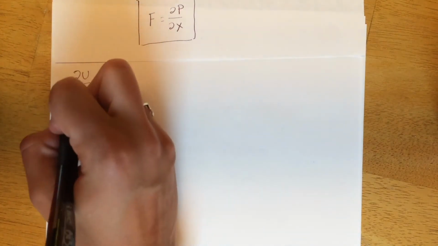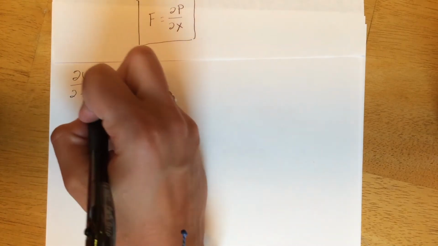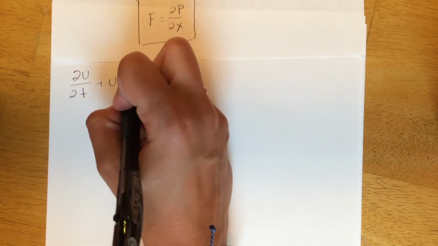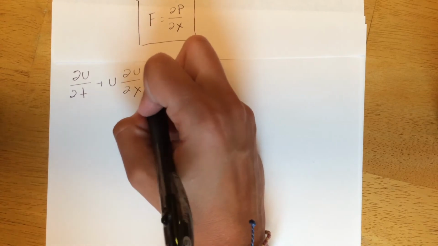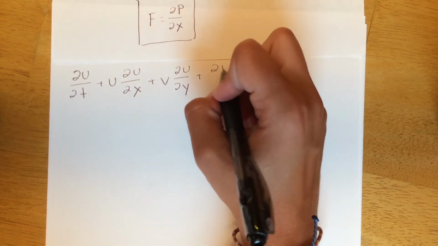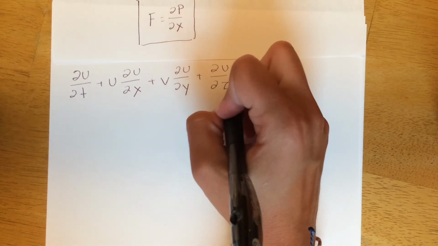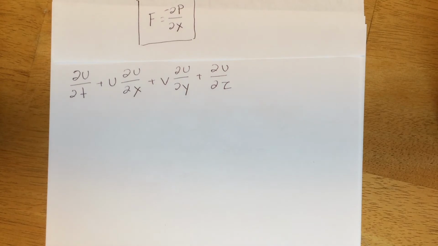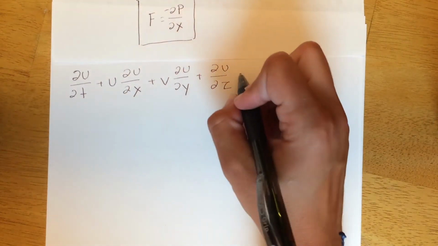Okay, so we can now include the pressure gradient terms in our equations of motion from before. Again, don't forget to include the negative in your pressure gradient term like I did.